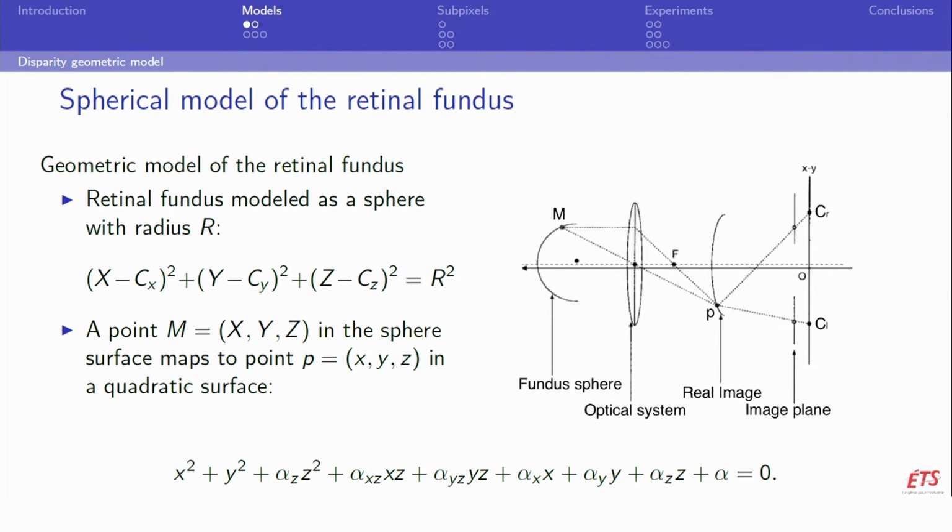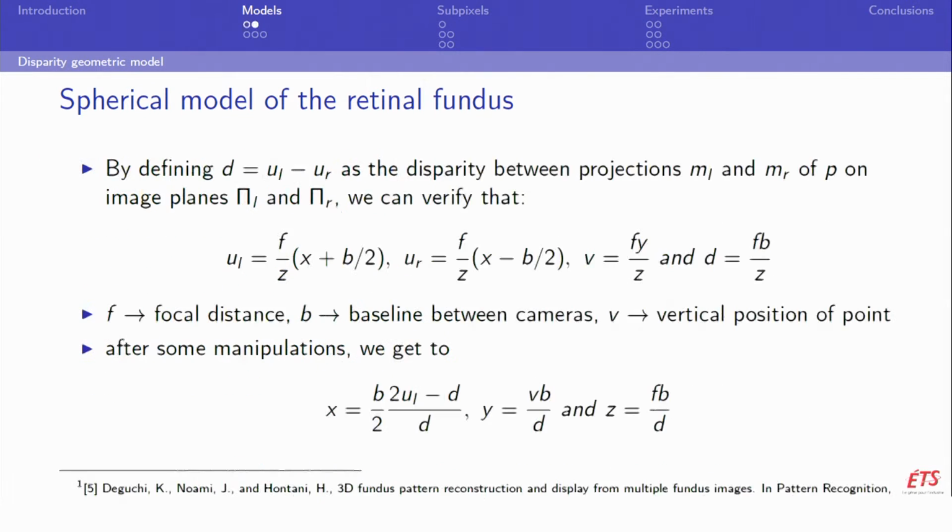We have a camera in front of an optical system that captures the information from the eye. So we are using a spherical model, which after passing through the optical system can be modeled as a quadratic surface in front of the cameras. And this is what is being projected into the two cameras.